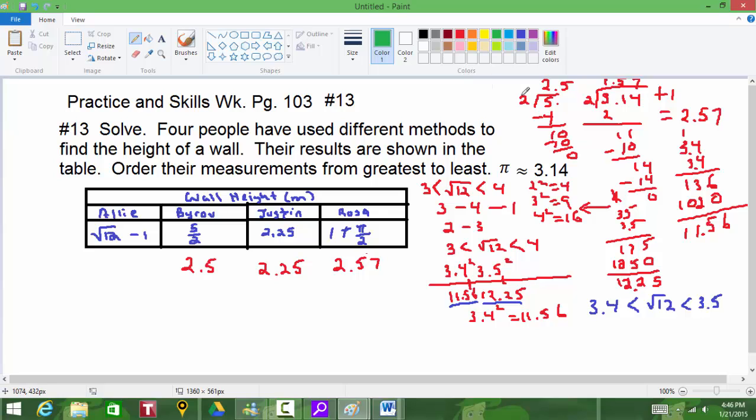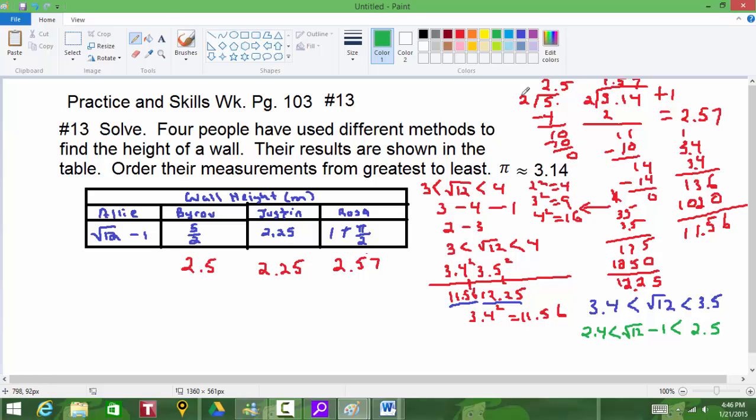So if I take away 1, 3.4 take away 1, I get 2.4 is less than the square root of 12 minus 1, as the middle represents subtracting 1, and then I take away 1 over here, I get 2.5. Okay, so our answer, whatever it is, has to be between 2.4 and 2.5.